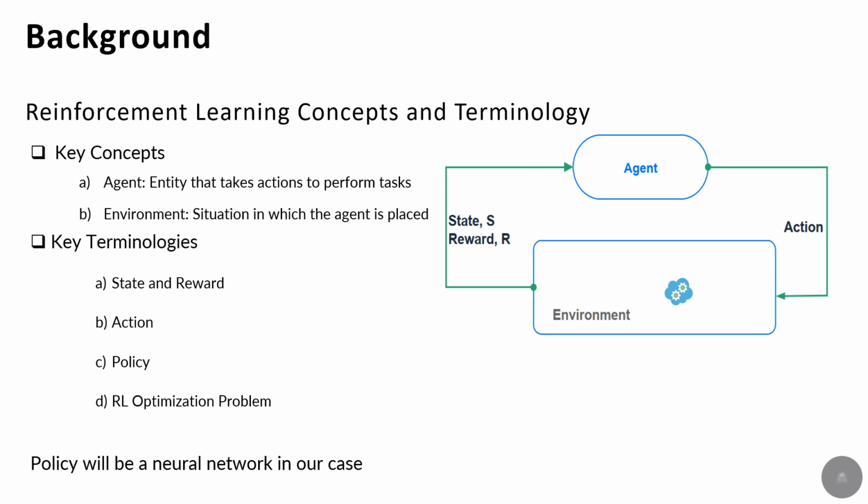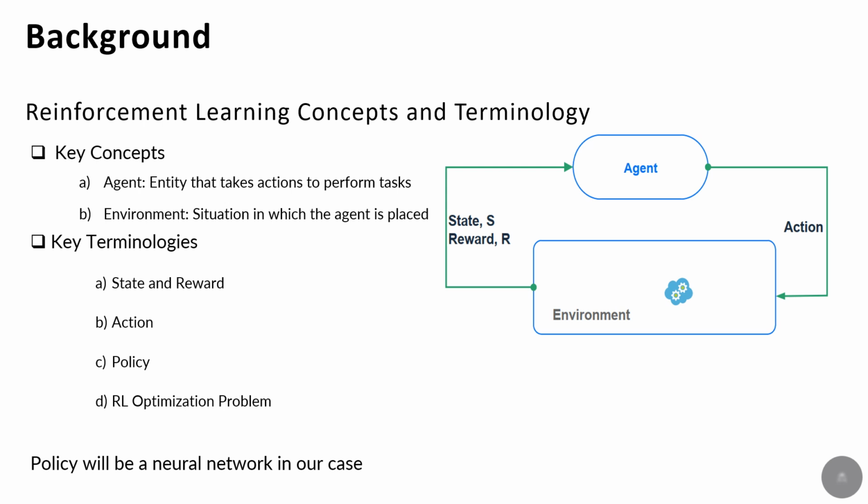Then also we have terms like state and reward. The state is usually the situation that the agent finds itself in. Okay, there are going to be multiple states as the agent learns, and as the model improves, the state is going to change. Then there's also an action.